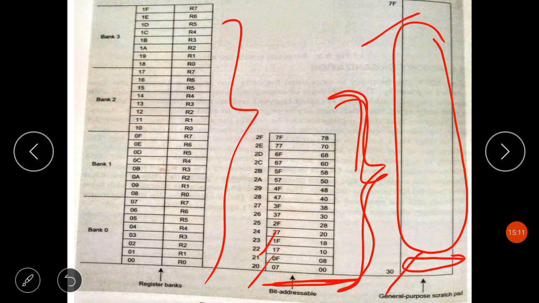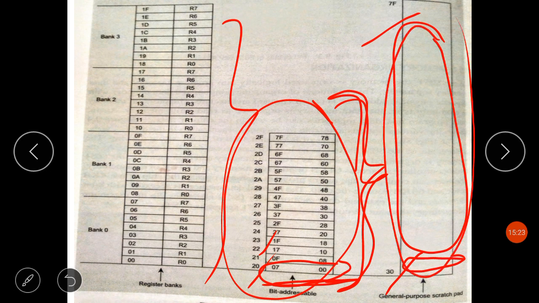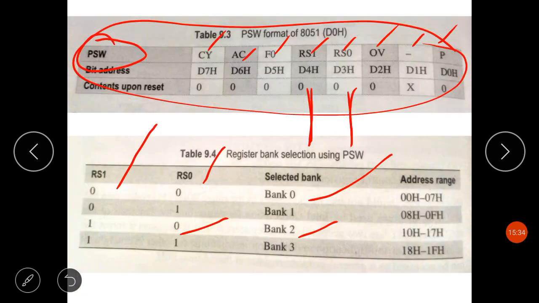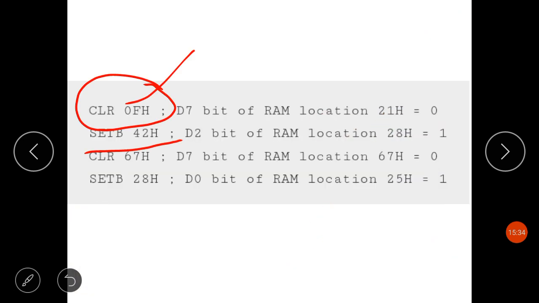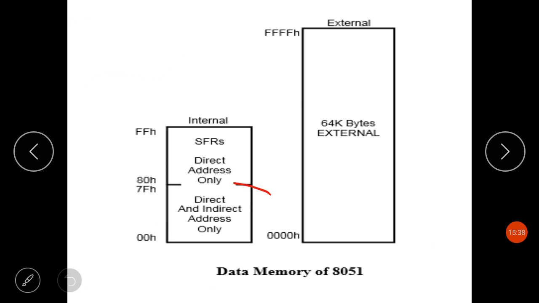Whereas the bit addressable memory can be accessed in the form of bytes, using the 8-bit register, or we can individually use the bits also, that is bit addressable and byte addressable, whereas scratchpad memory is only byte addressable. So you may read or write a full byte of data at these locations. Now, this was about the 128 bytes of RAM having the address from 00H to 7FH.